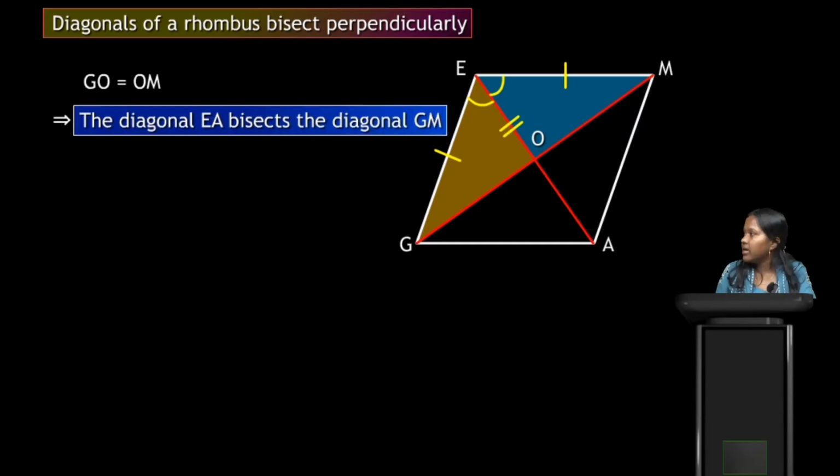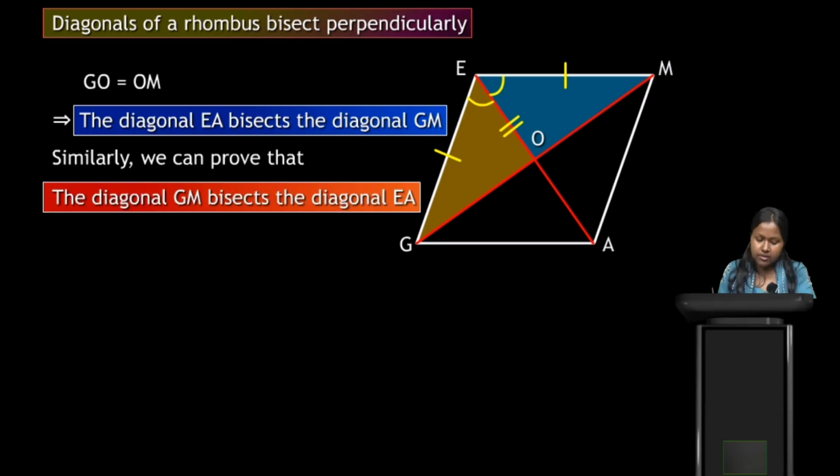Next, the diagonal EA bisects the diagonal GM. From here, which conclusion did we get? We got the conclusion GO equals OM. From here, which conclusion did we get? Diagonal EA bisects the diagonal GM. Similarly, we can prove that the diagonal GM bisects the diagonal AE. How can you do it?